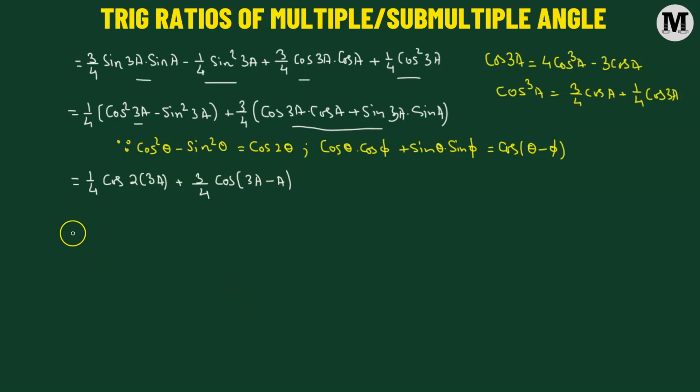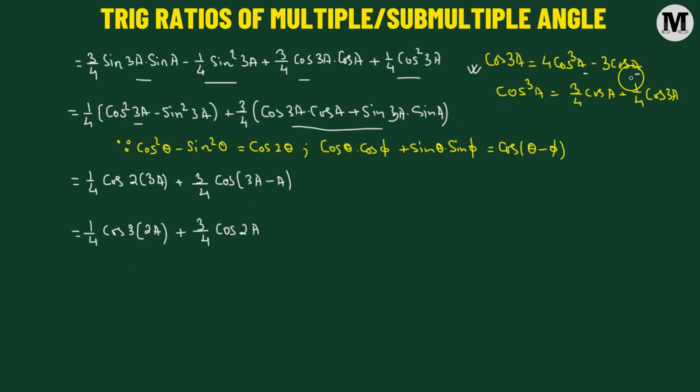Now we'll take 1 over 4. Instead of writing it as cosine of 2 times the angle 3a, we're going to rewrite it as 3 times the angle 2a, plus we have 3 over 4 times cosine of angle 2a. Now we can use the formula for cosine of angle 3a. Here a was actually 2a.